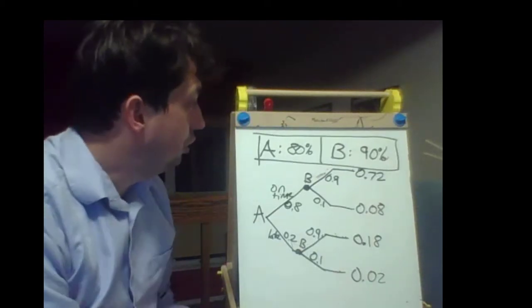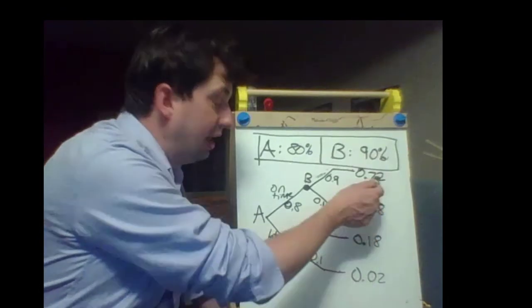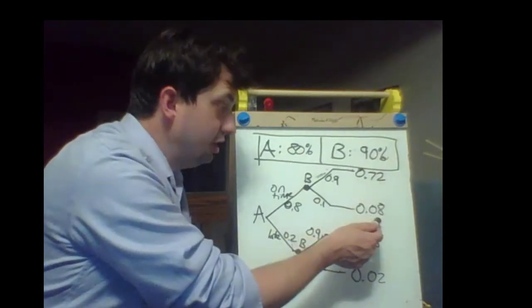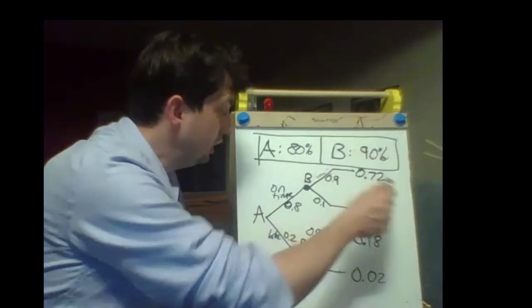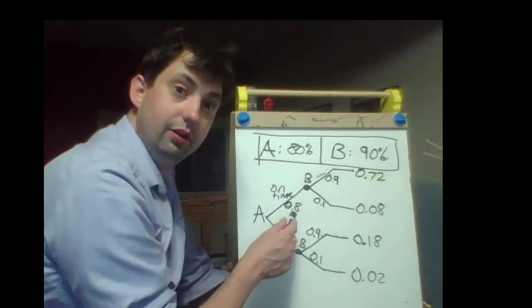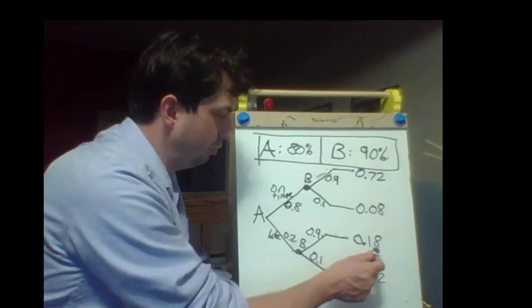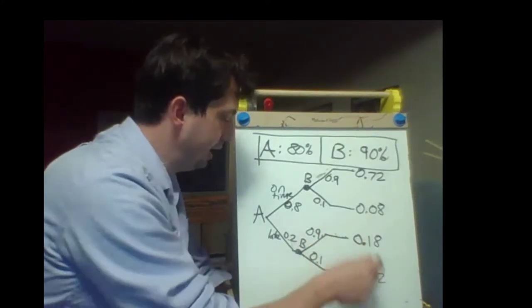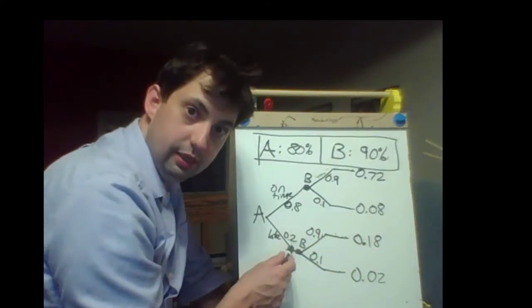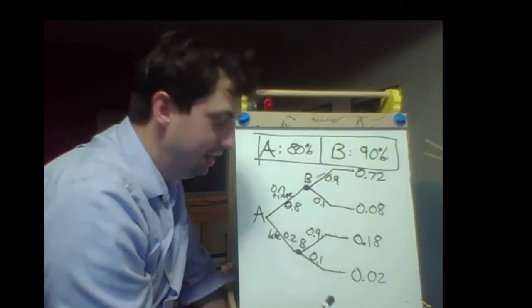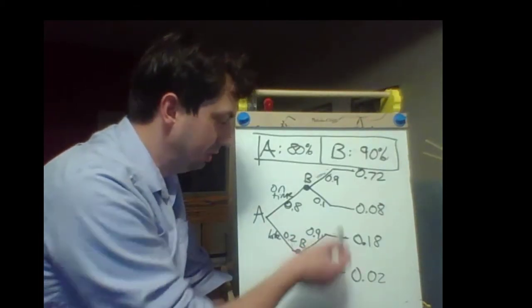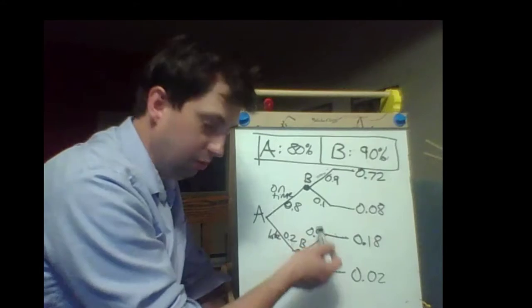3, note that if we take these 2 values, this or this, they add up to 0.8, which equals this. And if we take this or this, 0.18 or 0.02, they add up to 0.2. They have to, because this is 0.2, and then it's split between these two options, and those add up to 1.